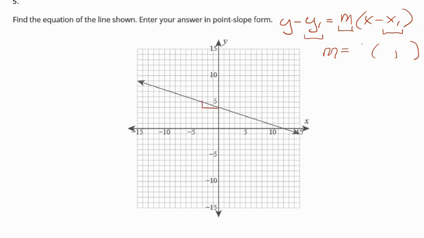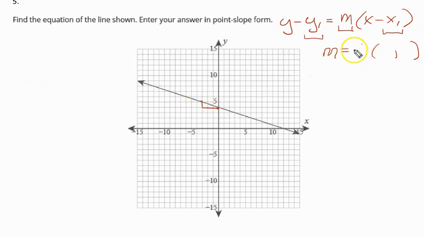Now, we know the y-intercept is going to be 4, and we know the slope. Again, if we figure it out, there's our point there, and then there's another point. So you're going to go over 1, 2, 3, up 1.